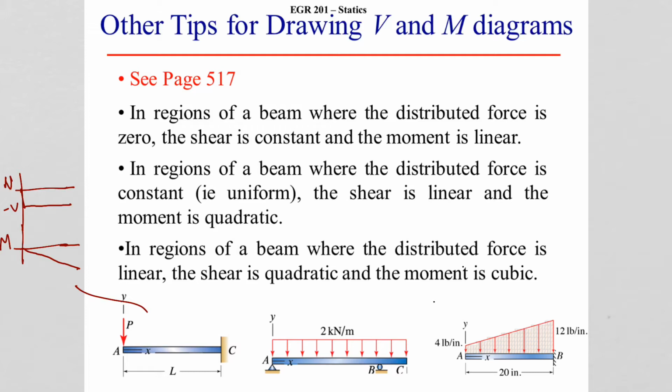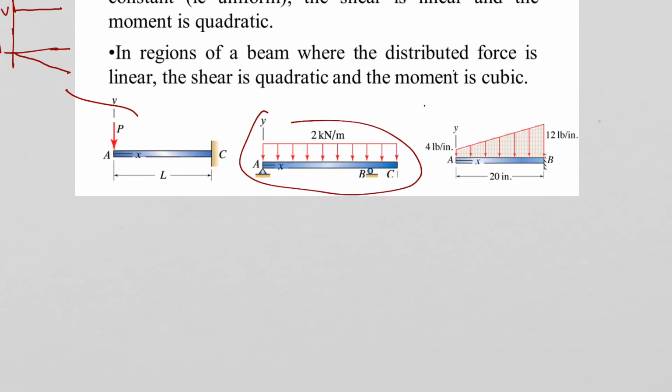In regions where we have a distributed force and it is constant or uniform, as in this case here, we see that the shear is linear and the moment is quadratic. So let's look at that.